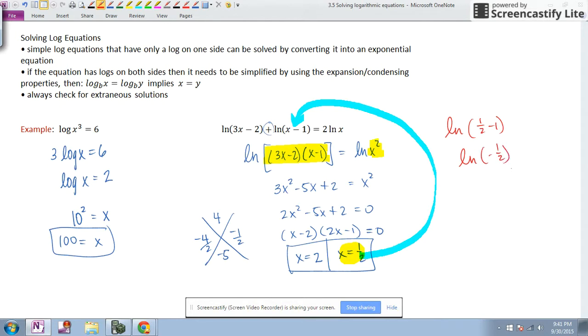And if you remember our 3 domain rules, you can never have zeros in denominators, you can never have negatives under square roots, and you can never have the input of a log or a natural log be 0 or negative. So this guy is actually extraneous.